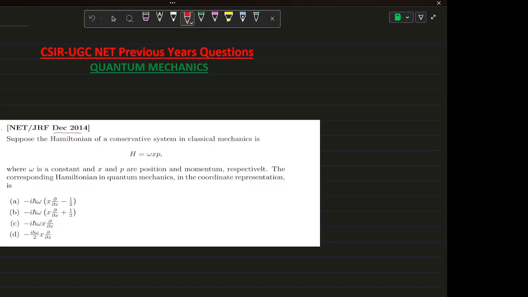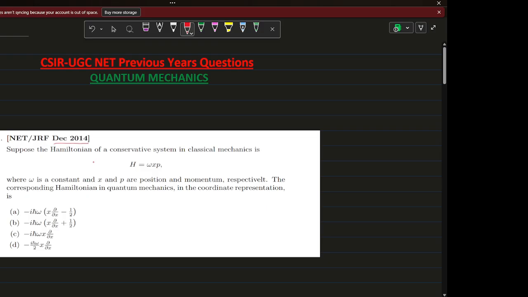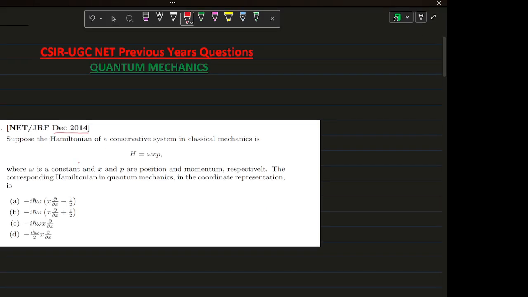This question was asked, and the question is: suppose the Hamiltonian of a conservative system in classical mechanics is H = ω xp, in terms of position and momentum, where ω is constant and x and p are the position and momentum respectively. The corresponding Hamiltonian in quantum mechanics in the coordinate representation is.